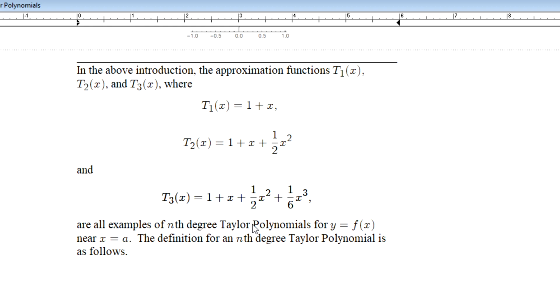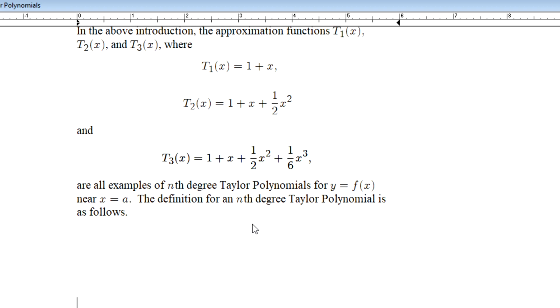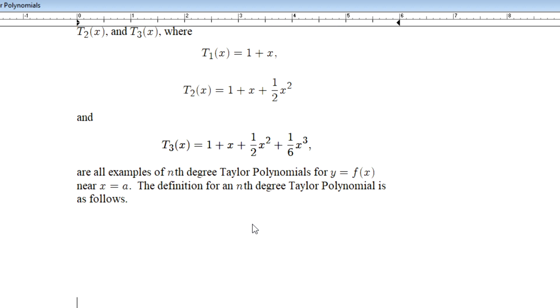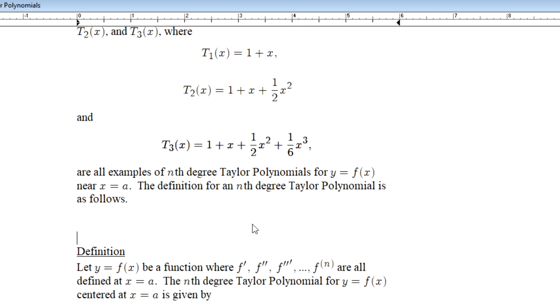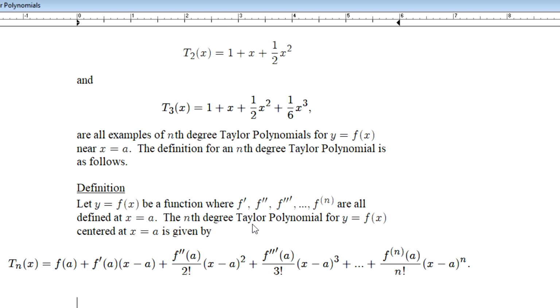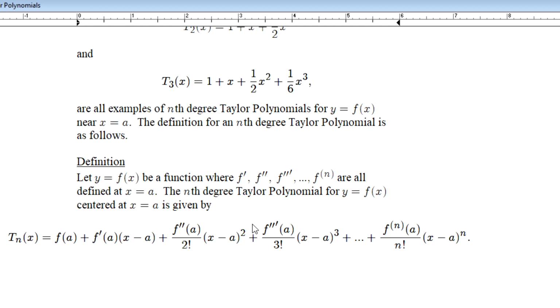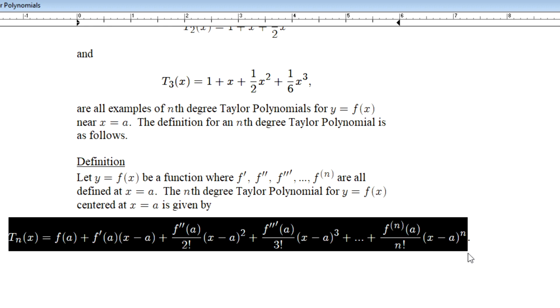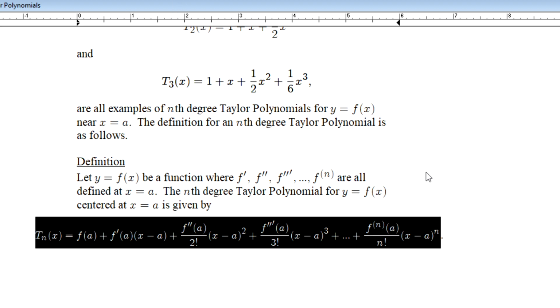All right? If we actually define what it means to be a Taylor polynomial, it is given as follows. Here's the definition. It does present itself in what we might say is a rather long form. Let me shrink this down a little bit so it fits a little nicer on the page.